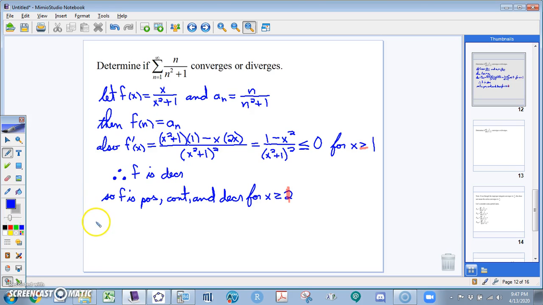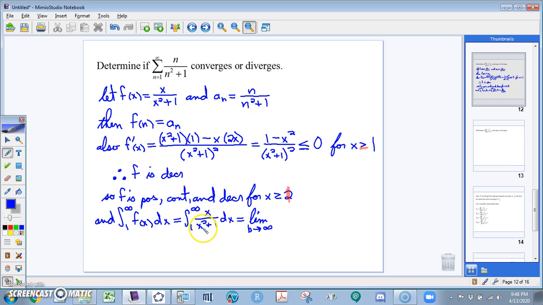Alright, so now I've got one more thing. I've got to go look at the actual improper integral for f. So looking at that improper integral, meaning the integral from 1 to infinity of x divided by x squared plus 1 dx, I know that that is going to be the limit, and we're going to skip a little bit of the steps here, as b goes to infinity, finding the antiderivative.